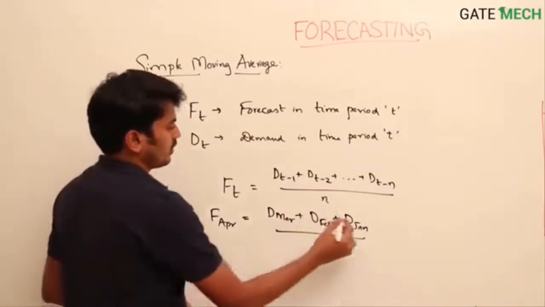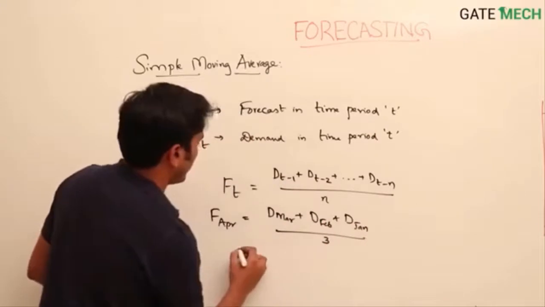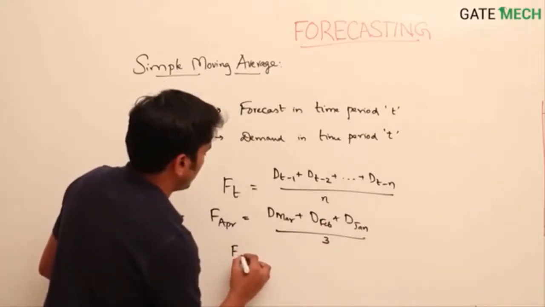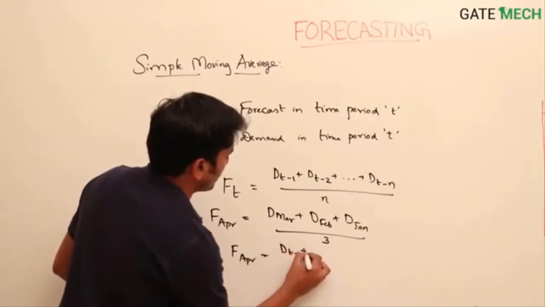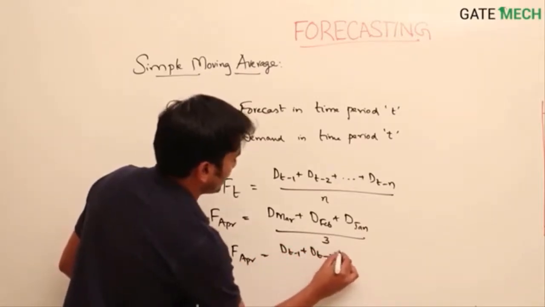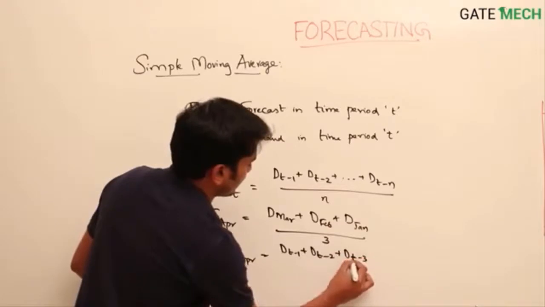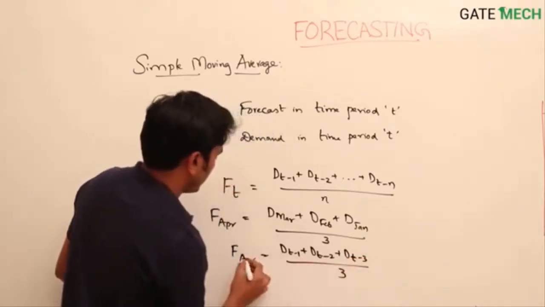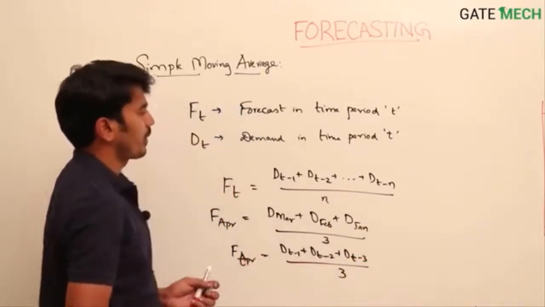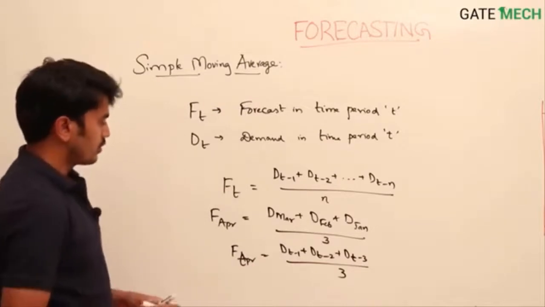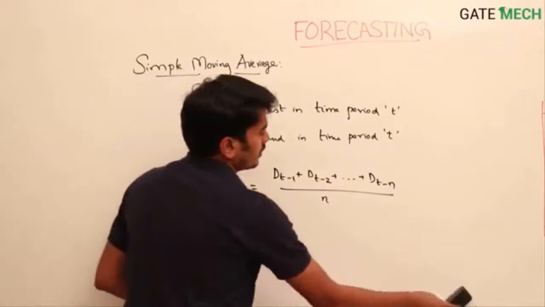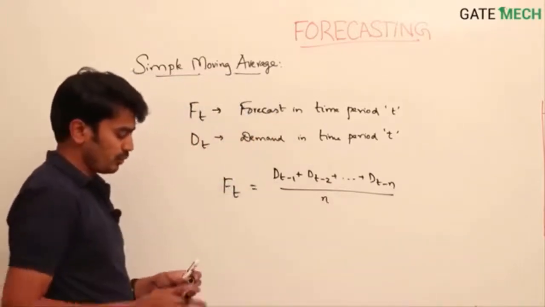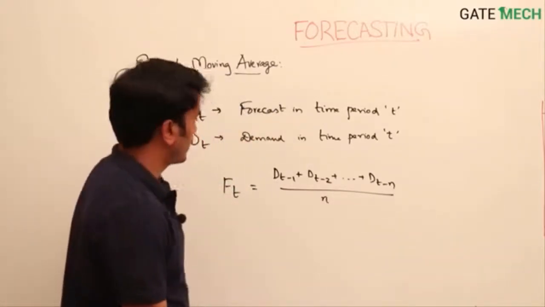Or otherwise we can write F April as D(t-1) plus D(t-2) plus D(t-3), divided by 3. So this will be t. This is a small example I have given. Let us take a small example to understand this better.